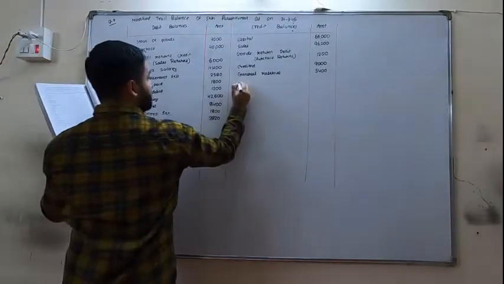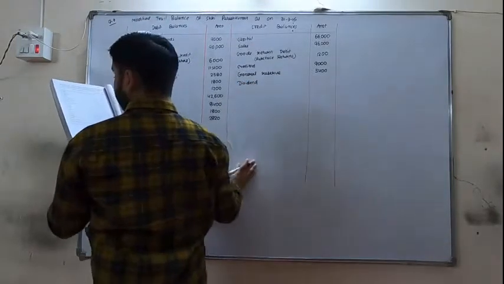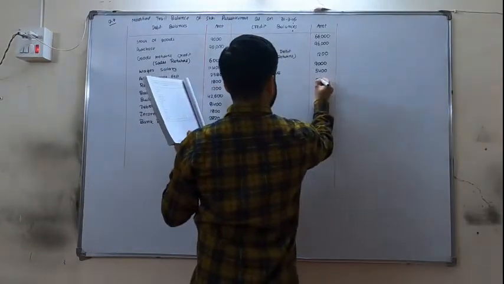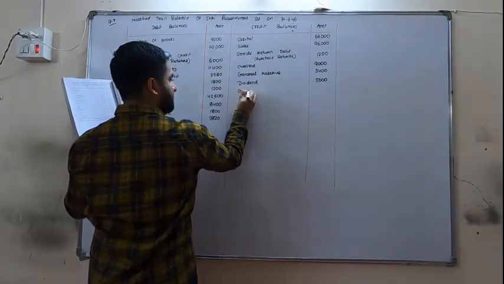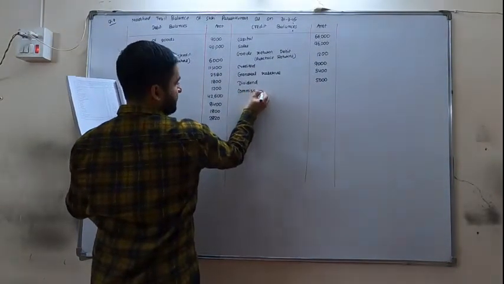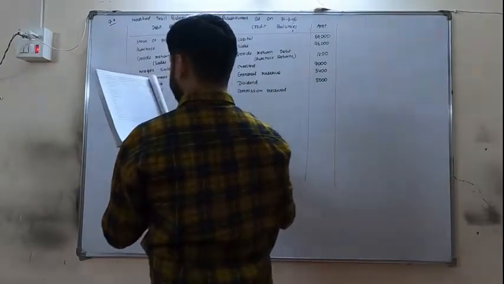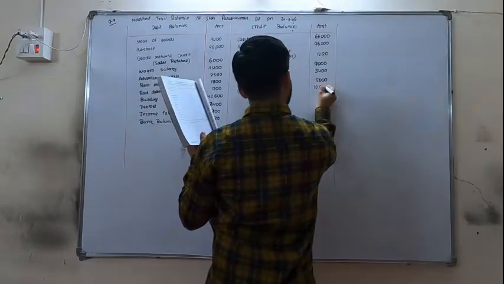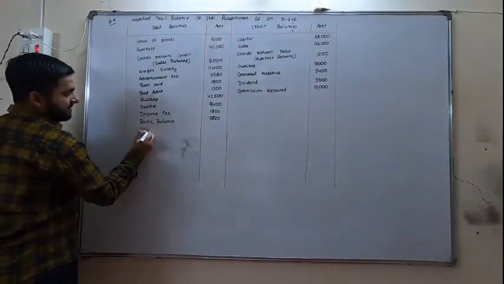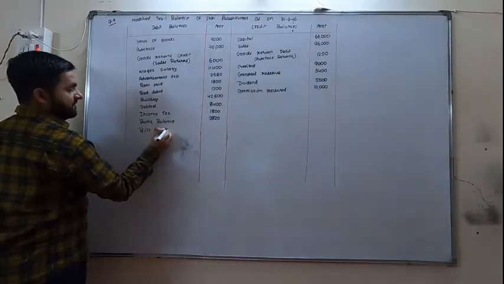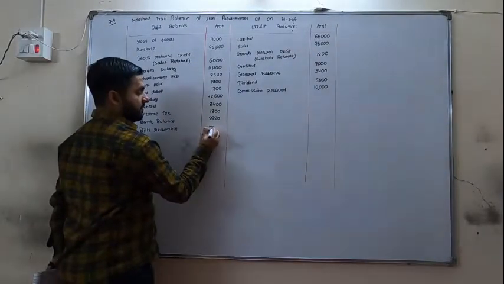Then dividend is our income, so on credit side dividend 5,000. Then commission received is our income, so on credit side commission received 10,000. Then last, bills receivable is our asset, so on debit side amount 15,000.